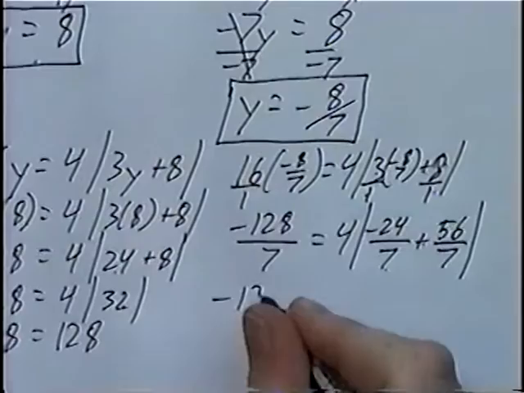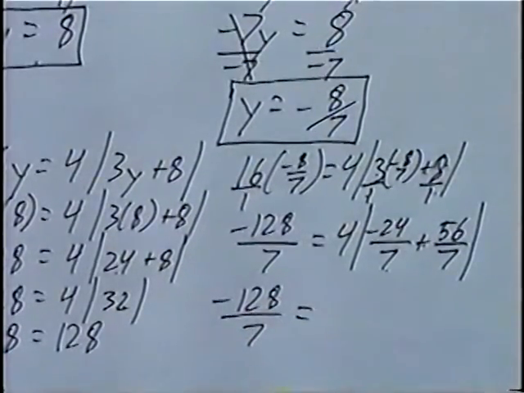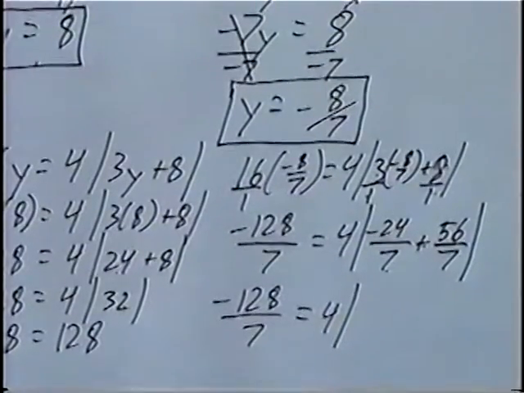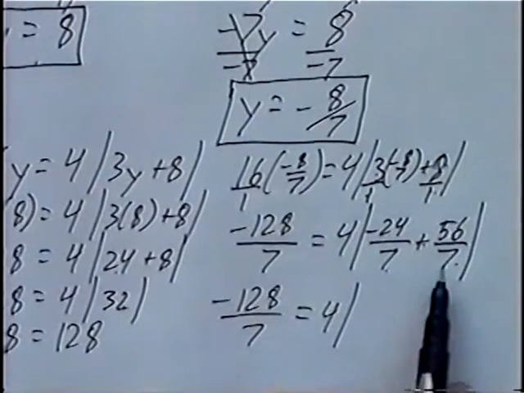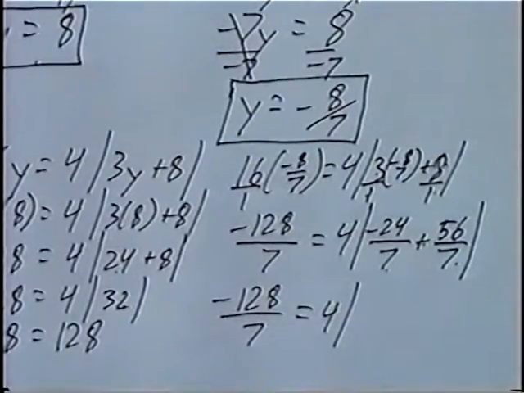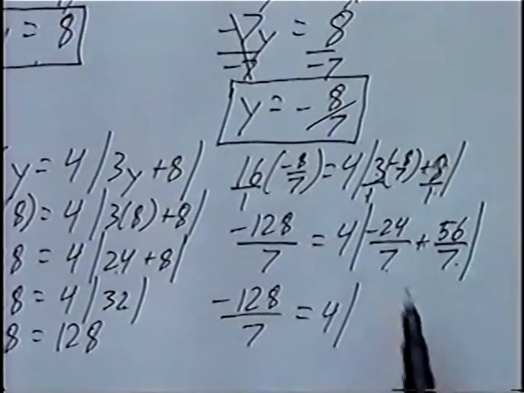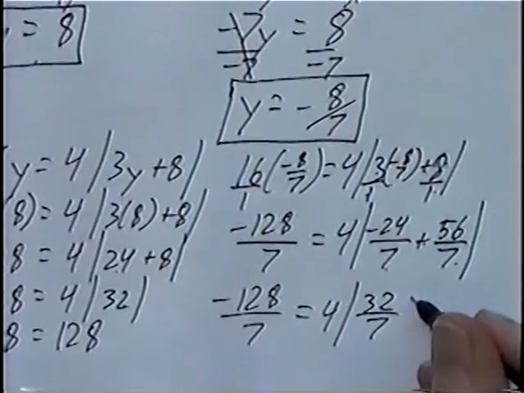Solving from here, negative 128 over 7 stays the same on the left-hand side. 4 stays the same outside the absolute value. And combining fractions, negative 24 over 7 plus 56 over 7. 56 minus 24 would be 32 over 7.